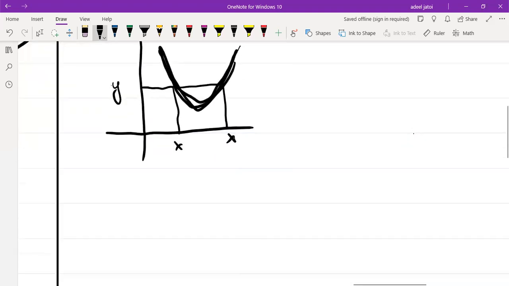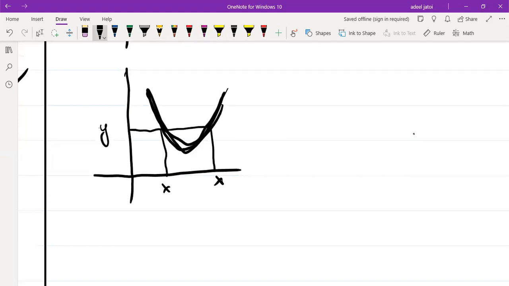Considering the fact that for one-to-many function, even for the curve, there is a point that shows inverse from the point. This is your turning point. For values greater than the turning point, there would be only this line. And for less than the turning point, there would be only this line.